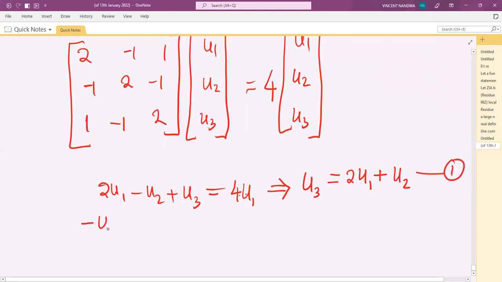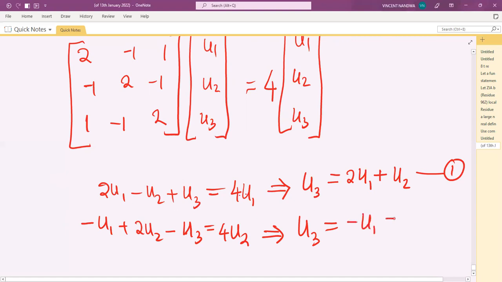And then negative U1 plus 2U2 minus U3 equals 4U2. So this implies that if I take U3 to the right hand side and this one to the left hand side, I'll have U3 equals minus U1 minus 2U2. This is equation 2.